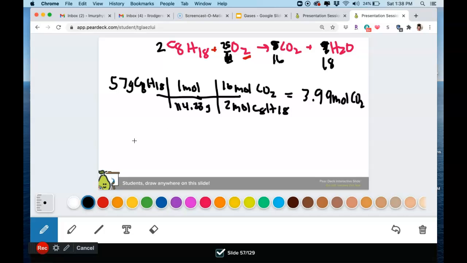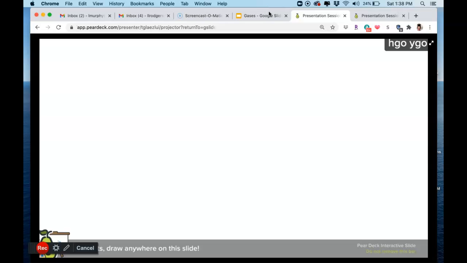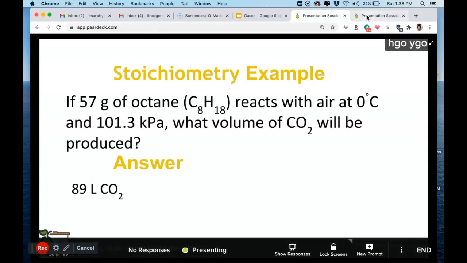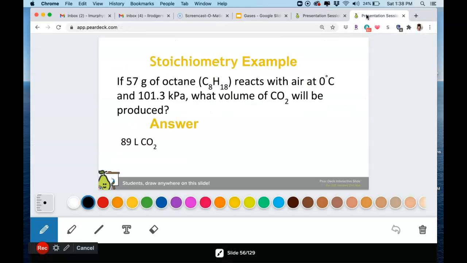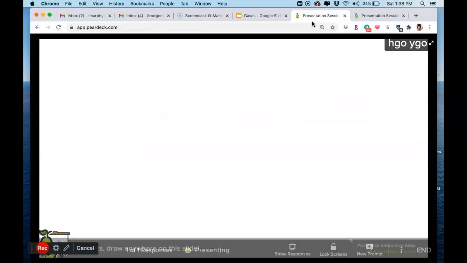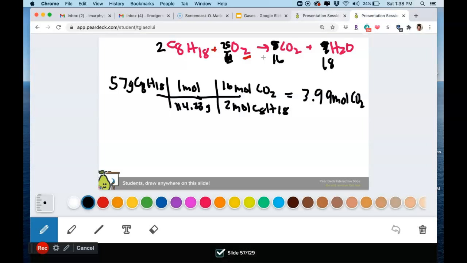Well, if you know moles of CO2 now, you can plug into PV equals nRT to solve for, what are we trying to find? Volume. PV equals nRT. So V equals nRT over P. So what's my moles?